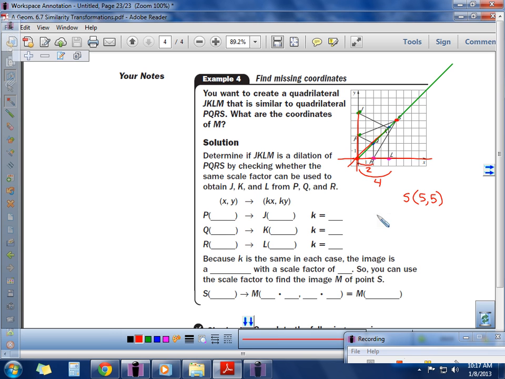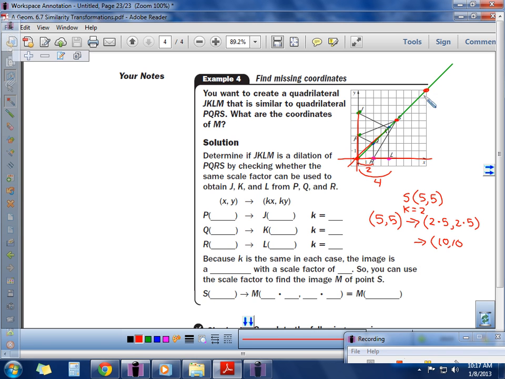So if we're going to take S, which is 5, 5, and we're going to multiply everything by 2, it's pretty easy to do with mental math. I'll write it out. Whenever that changes with that scale factor of 2, what are our new coordinates? 10, 10. So, right here.